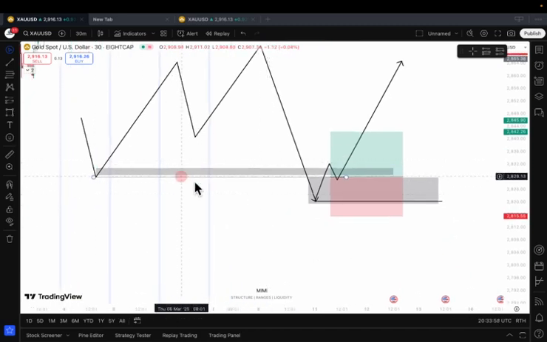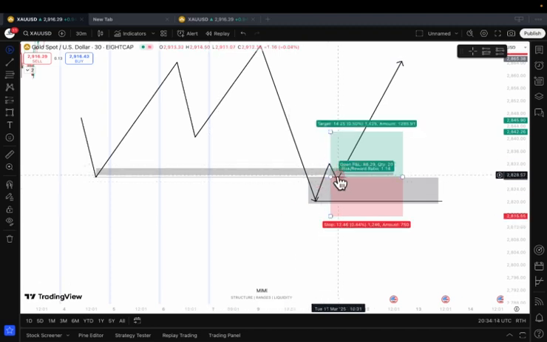A reclamation or reclaim block is simply price coming back to your zone after taking it out. It could take it out with the body of the candle, or with the wick, but once it comes above it, that is it.